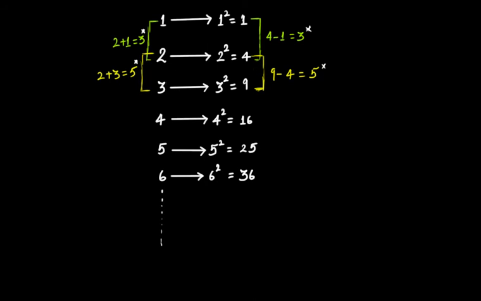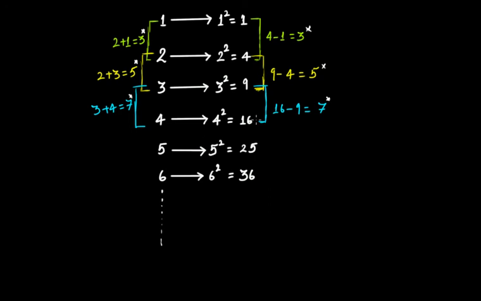Okay, and let's take this one, 9 and 16. 16 minus 9 is 7, and if you add these two numbers you get 3 plus 4, that is 7. So 7 here and 7 here.